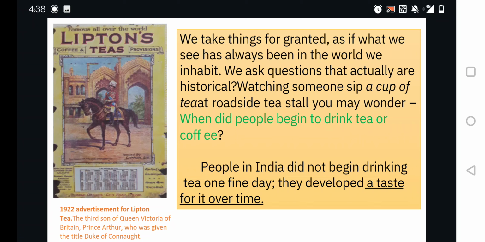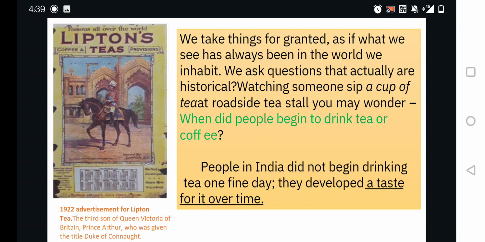So through this, what they are trying to promote is that royalty prefers royalty. You understand? So Lipton tea belongs to royalty. Now the people who are rich, and those who want to feel rich or feel like royals, will be having these teas. This way they used to do the advertisement.